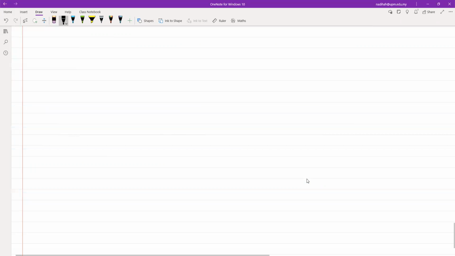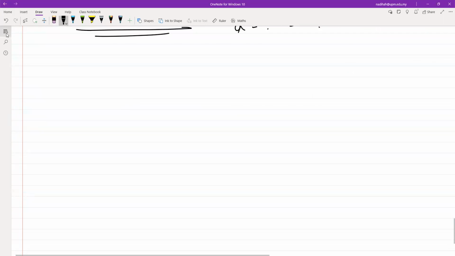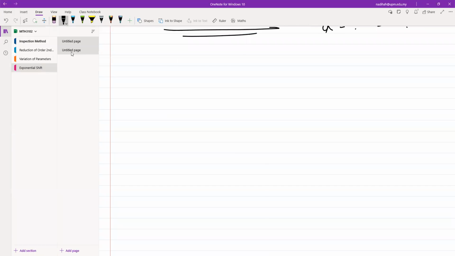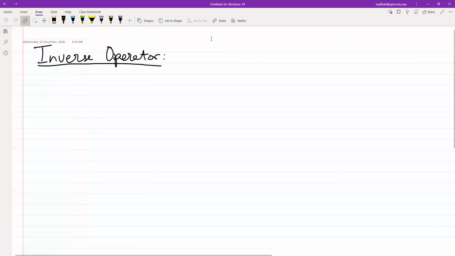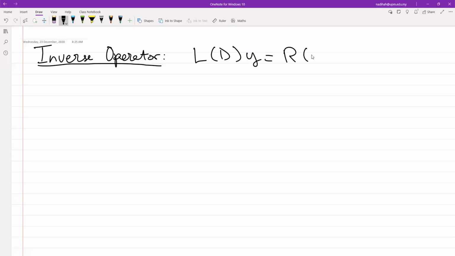Okay, let's move on to the exponential shift. Exponential shift, inverse operator. So inverse operator, kalau saya ada linear operator on the left hand side equals to some function on the right hand side, saya kata yp is just 1 over inverse operator times r of x.